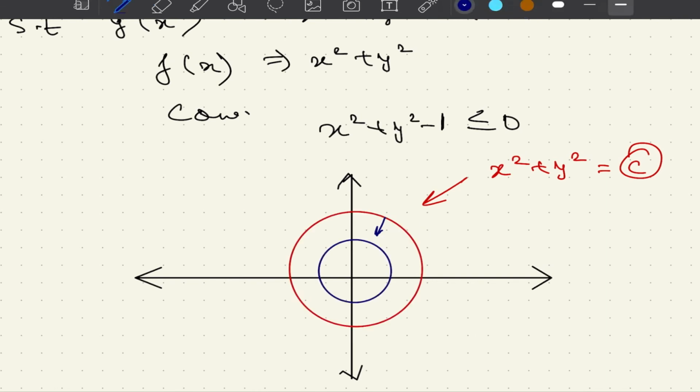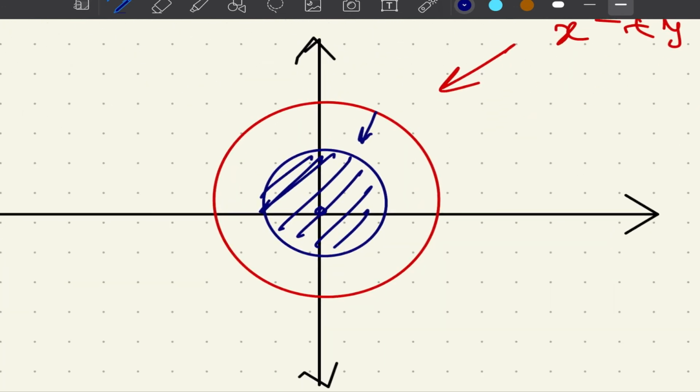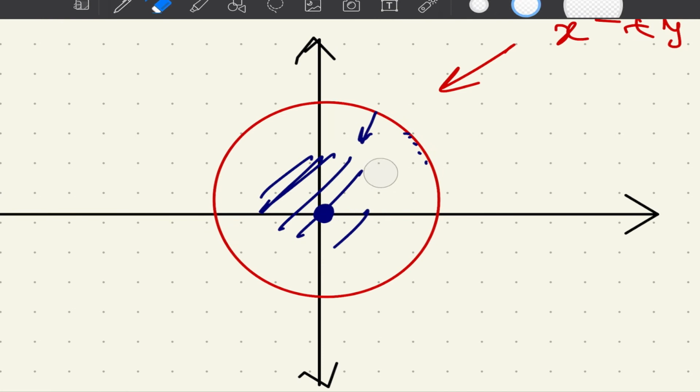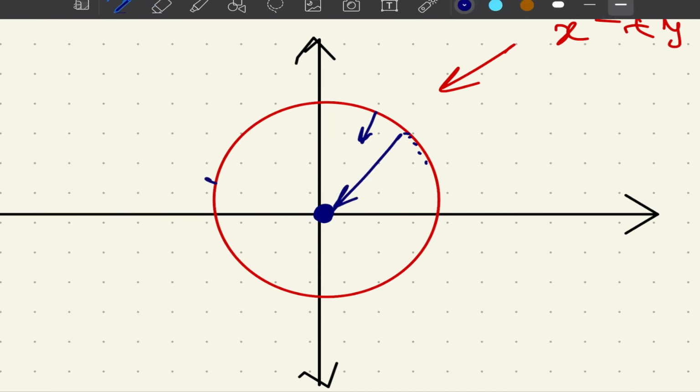Also, we have a constraint which says that our solution space should be in this area, and it is clear that if that is the condition, our solution can simply be obtained by treating this as a problem of unconstrained optimization, because even if we remove this constraint circle, our solution is not going to change, because ultimately we will end up at this 0.